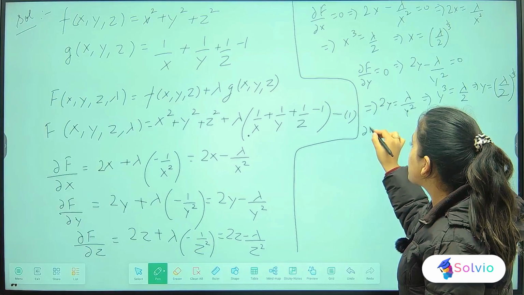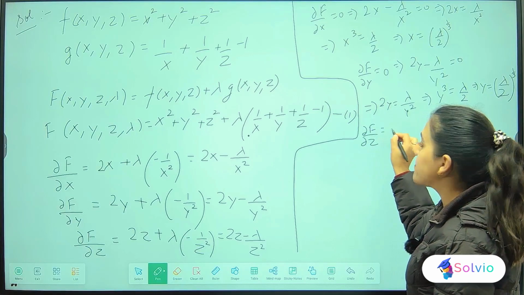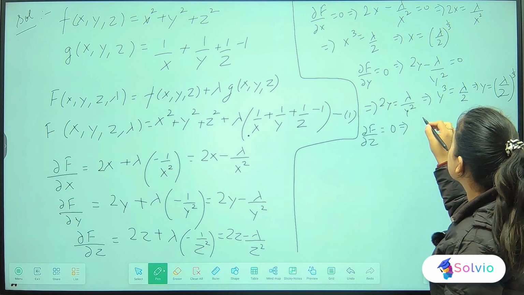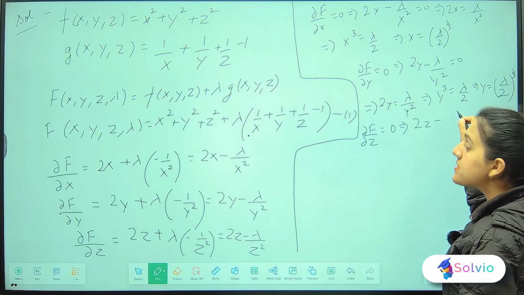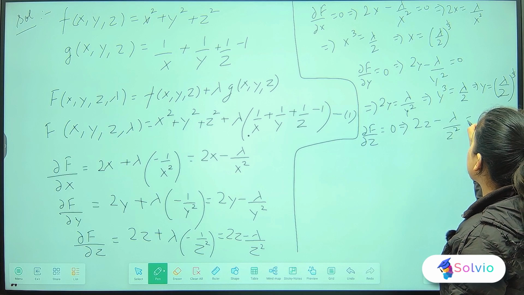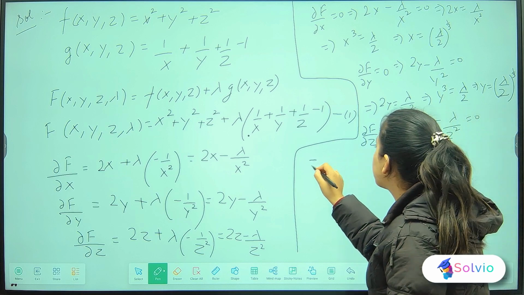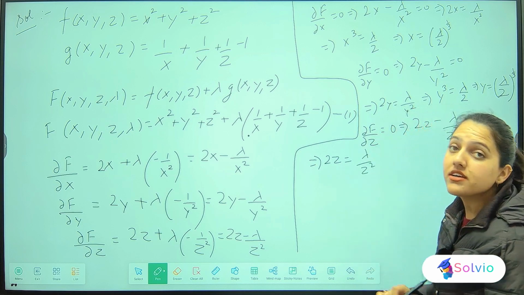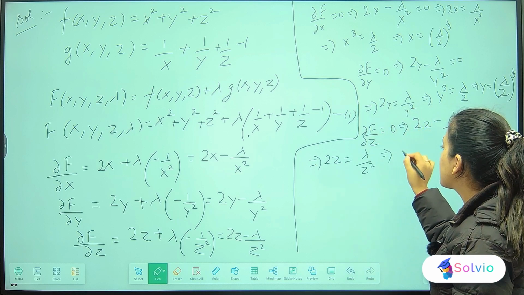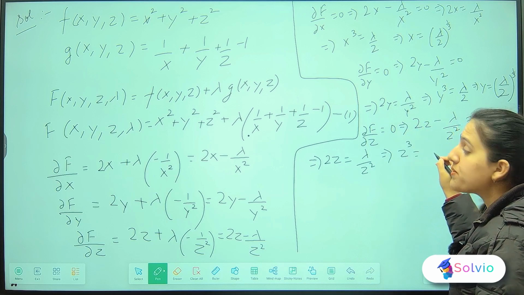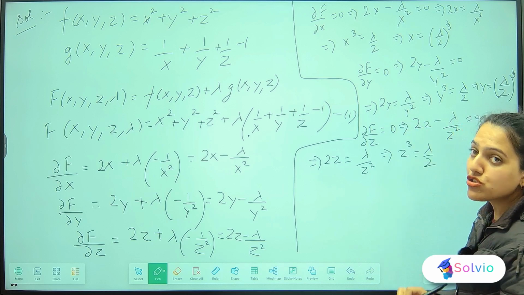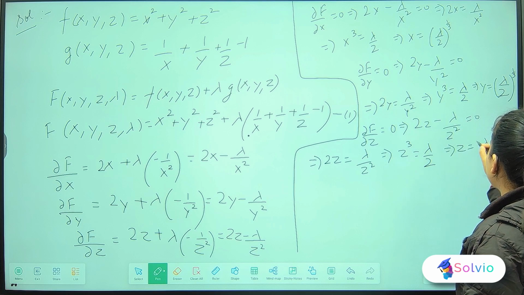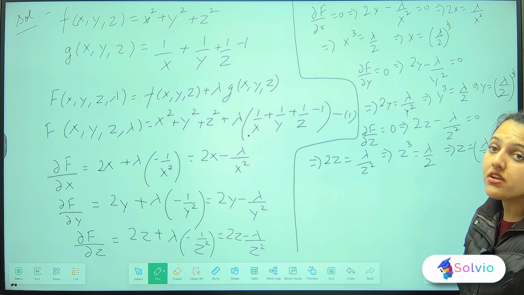Now I will put the partial derivative of f with respect to z equal to 0. So this becomes 2z minus lambda upon z square equals 0, and this implies 2z is equal to lambda upon z square. So from here we get z cubed is equal to lambda upon 2, and this implies z is equal to (lambda upon 2) whole raised to power 1 upon 3.